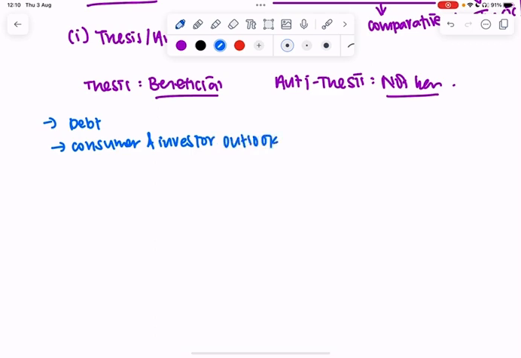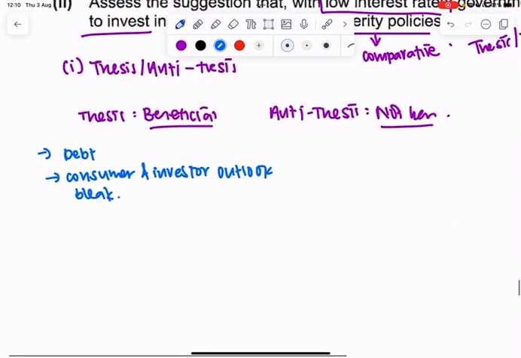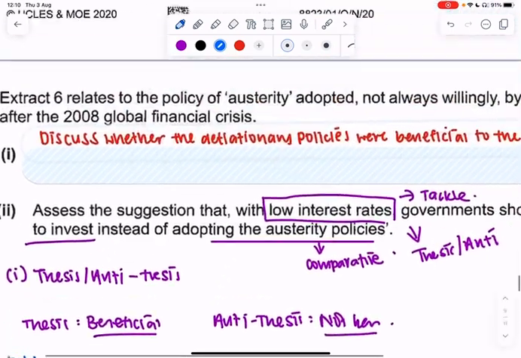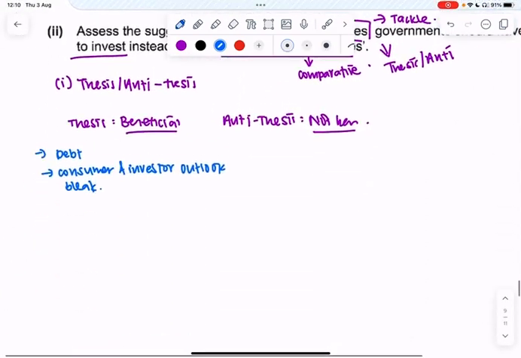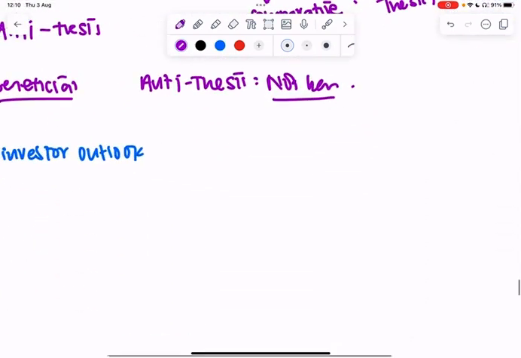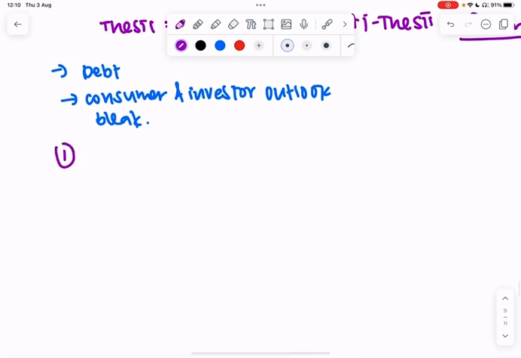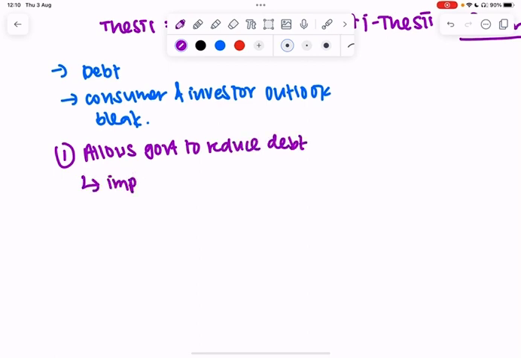So with these two things in mind, we can say that maybe these deflationary policies were beneficial to the economy because it allows government to reduce their debt accumulation, which helps to improve the budget position.